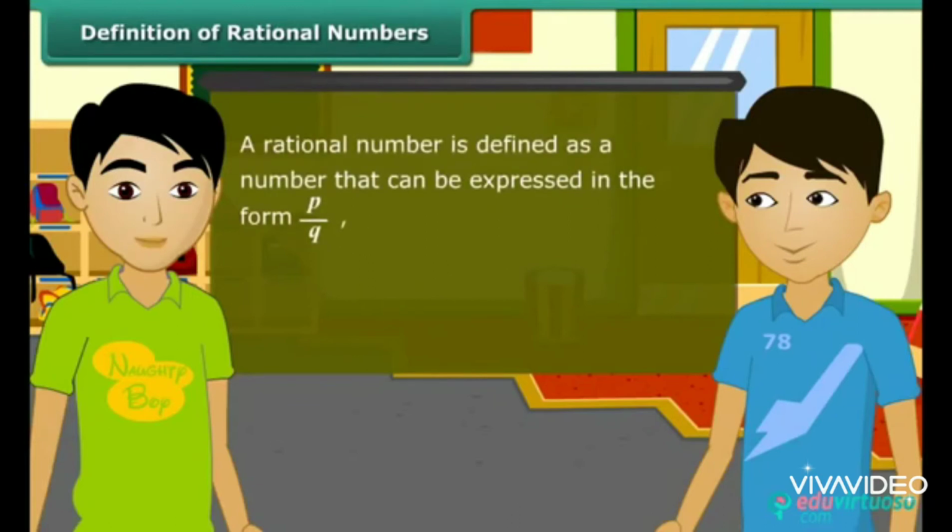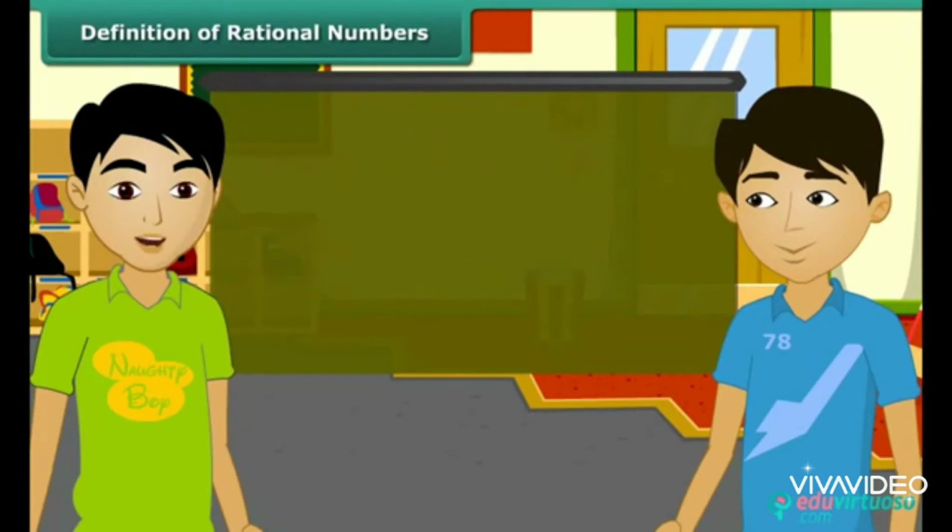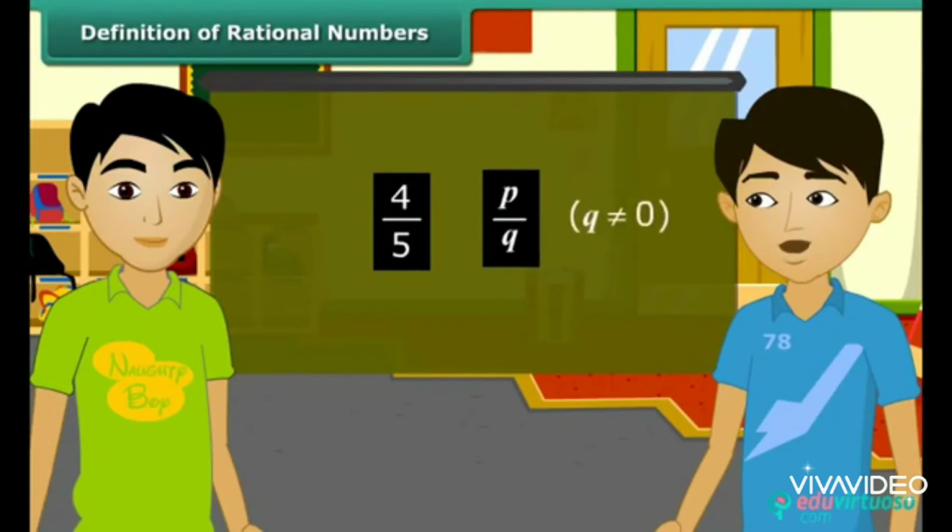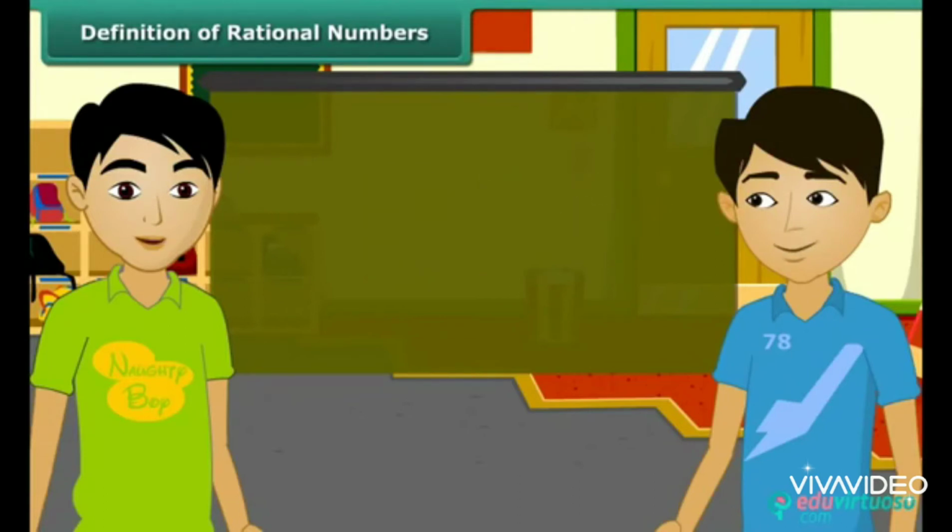A rational number is defined as a number that can be expressed in the form p upon q, where p and q are integers and q is not equal to 0. For 4 upon 5, the value of p is 4 and q is 5, where q is not equal to 0, so this is also a rational number.